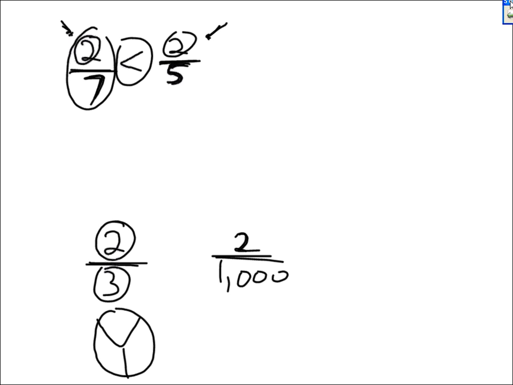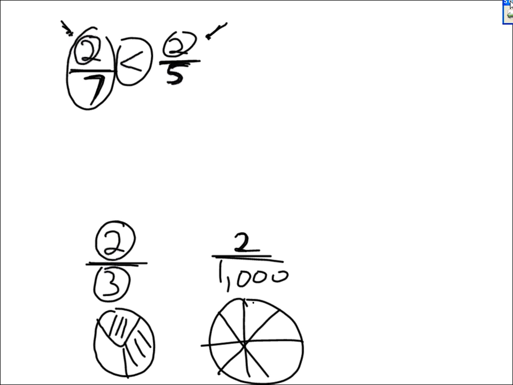Here's the 3. You get 2 out of 3. I'm not going to do 1,000, of course. But 1,000, boy, oh boy, these slices are going to be small. They're going to be really small.